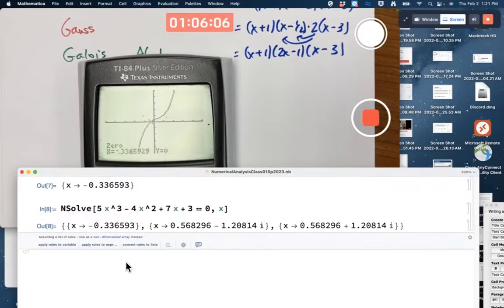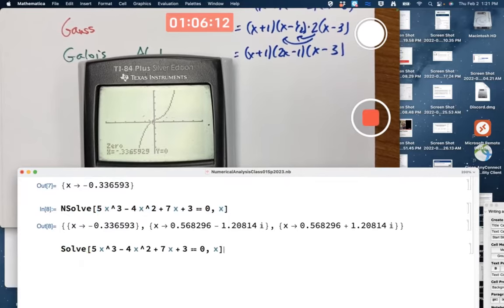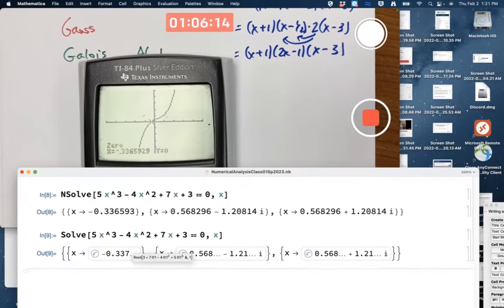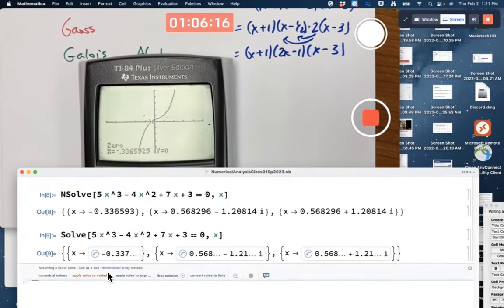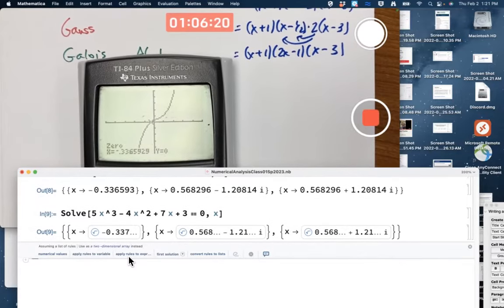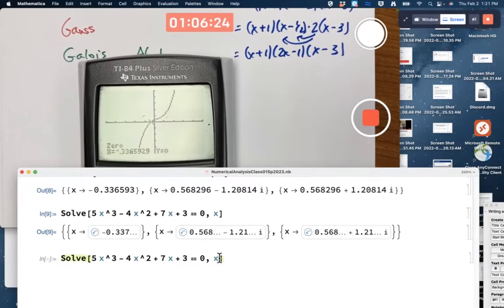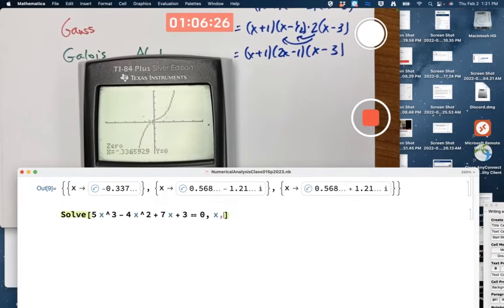Does Solve work here? Technically, it does because it's a cubic, although Mathematica has changed how it's been programmed in recent years. It still just approximates it, though, with these funny square root symbols there. Technically speaking, since it's a cubic, exact answers are obtainable. I think if you put Cubics arrow True, it makes it exact.